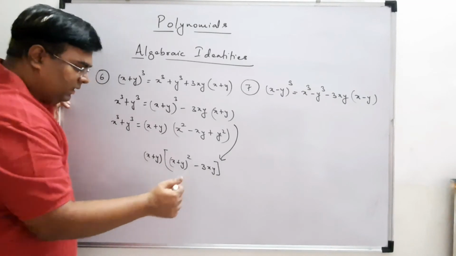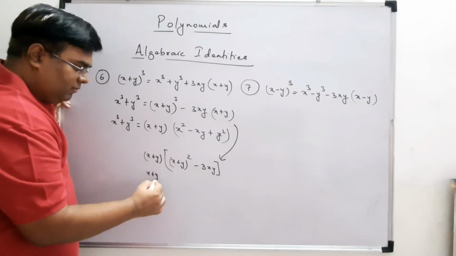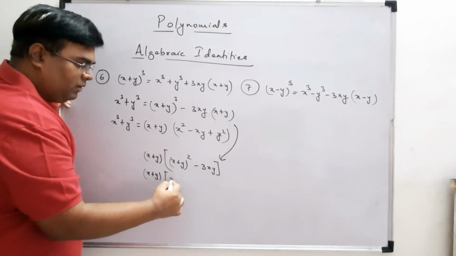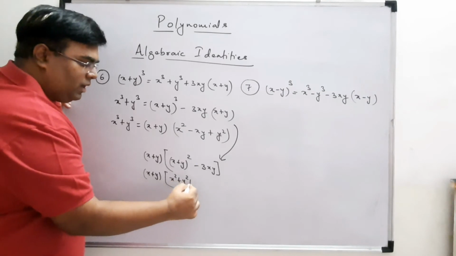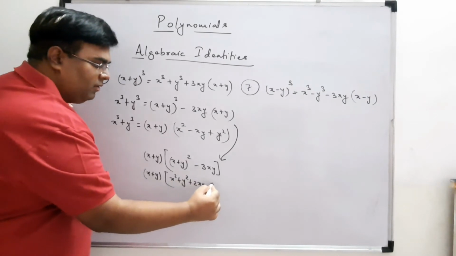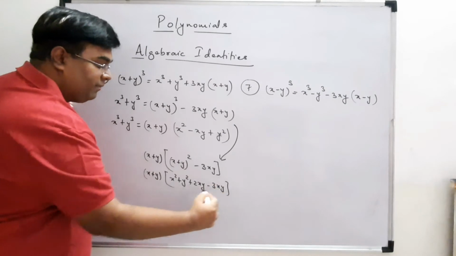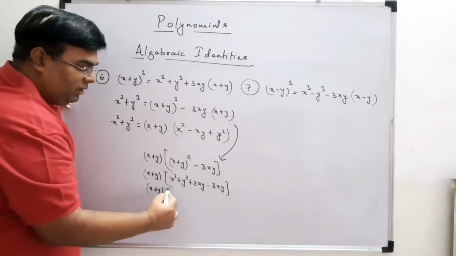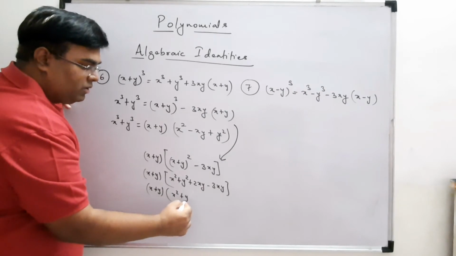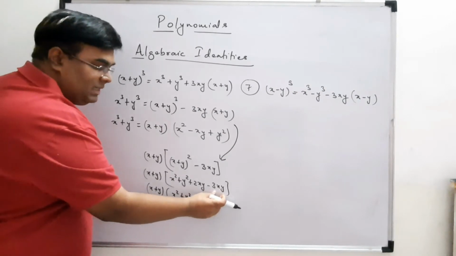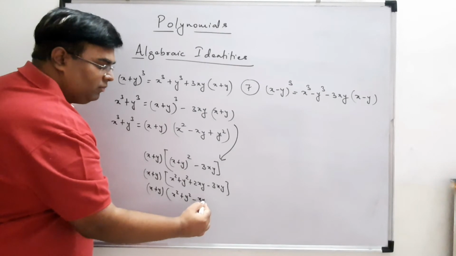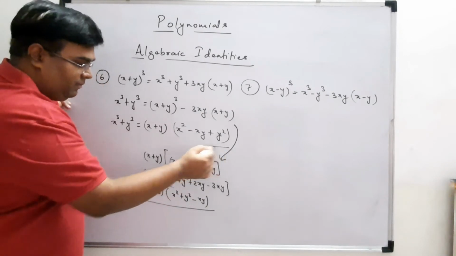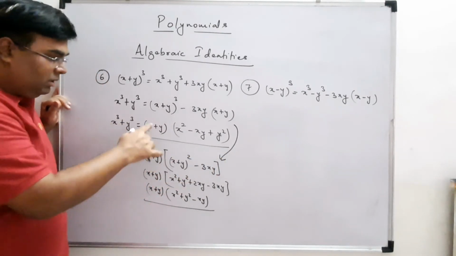Now you expand this: x² + y² + 2xy − 3xy. So you will get (x + y)(x² + y² − xy), since 2xy − 3xy gives you −xy. Correct? So remember this formula.